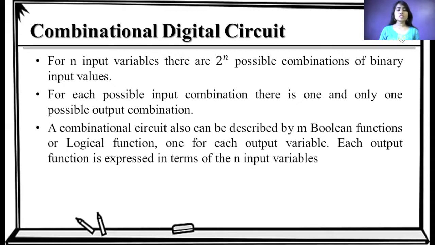A combinational circuit can also be described by m Boolean functions or logical functions. To know the behavior of any combinational circuit, we have to describe a Boolean function, or logical function, one for each output variable. That means for whatever output we have, we have to write an output equation, which is known as a logical equation, for the given combinational circuit.